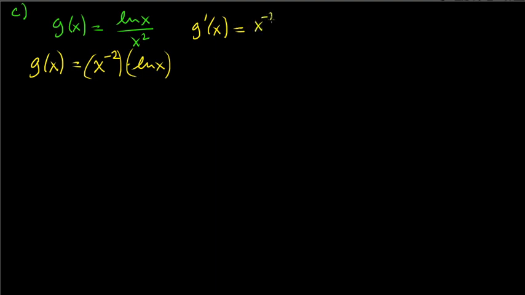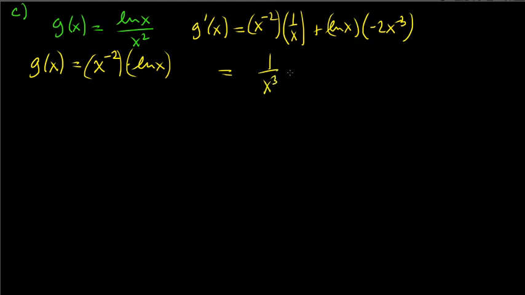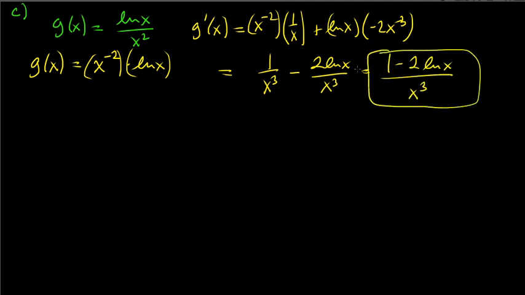So first times the derivative of the second, the derivative of log x is 1 over x, plus second times the derivative of the first, so that's negative 2x to the negative 3. So what do we get? We get 1 over x cubed minus 2 log x, also over x cubed, so we already have a common denominator, 1 minus 2 log x, all over x cubed. Okay.